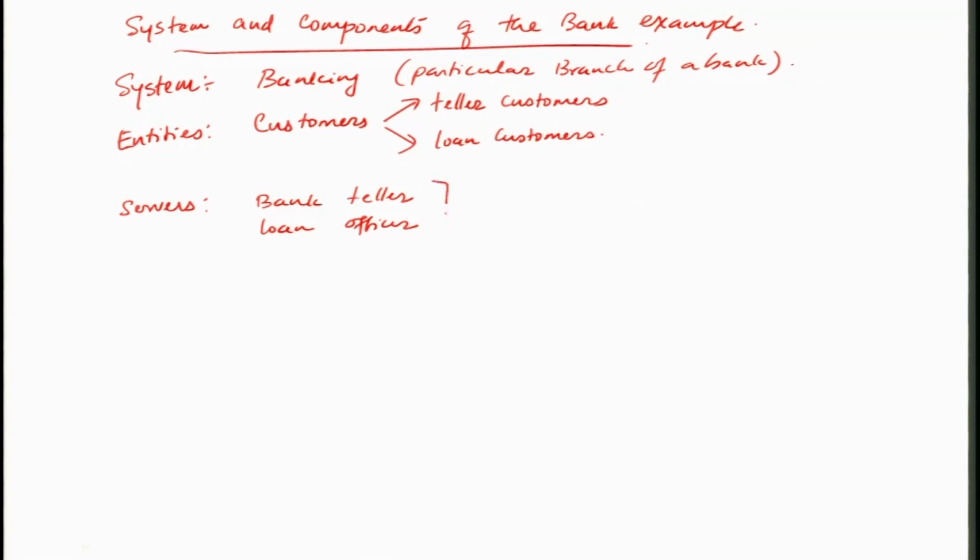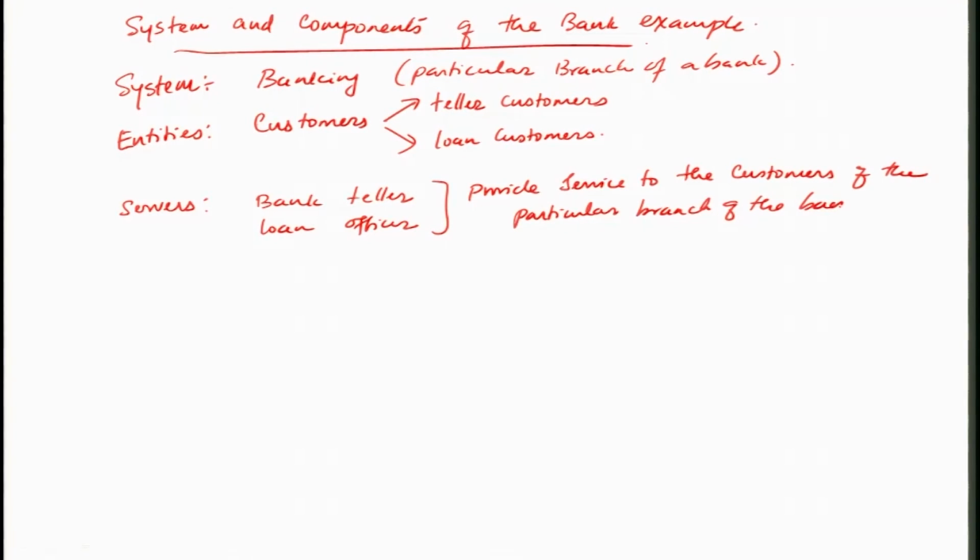They provide service to the customers of the particular branch of the bank. So, these are the people who provide the service, whether it's a teller service or a loan service, to the customers of a particular branch.